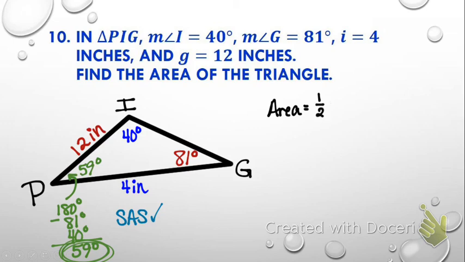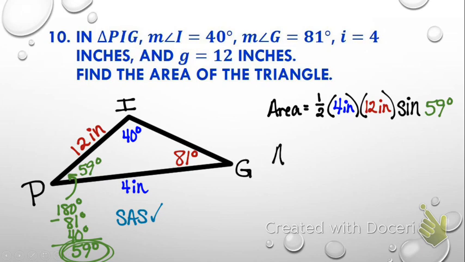Area is equal to 1/2 times 4 inches times 12 inches times sine of 59 degrees. You get that it's about how big? 20.572 inches squared.